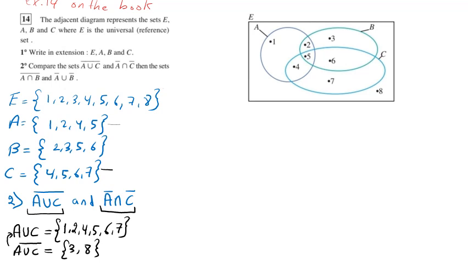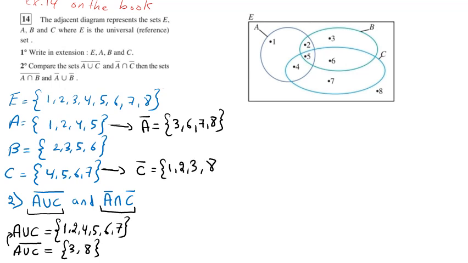First we find A bar, then C bar, and make the intersection between them. A bar is equal to 3, 6, 7, 8. C bar is equal to 1, 2, 3, and 8.